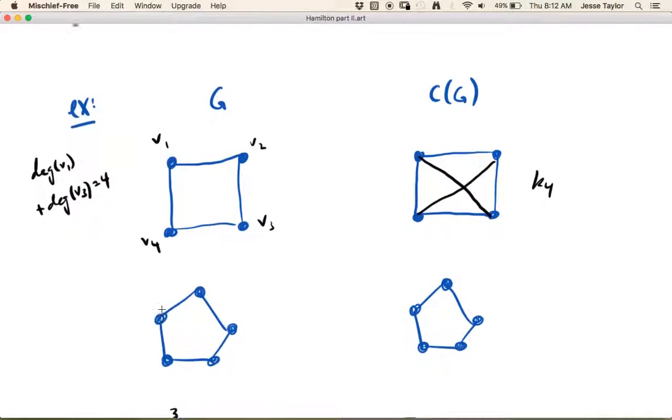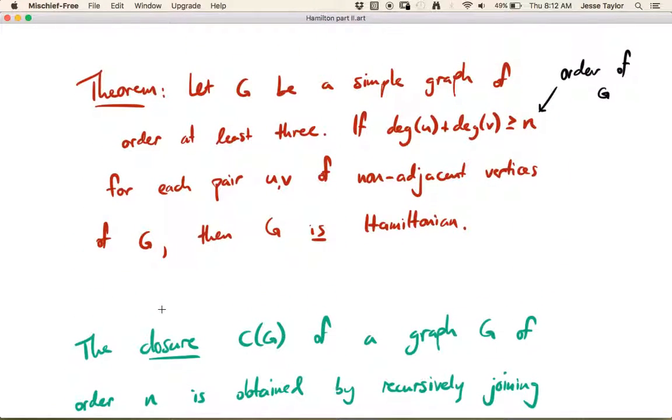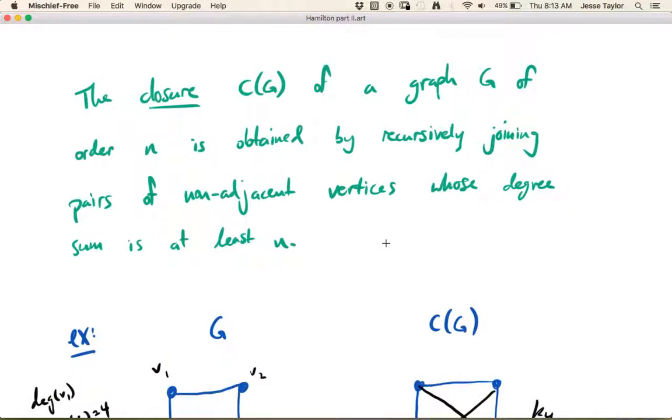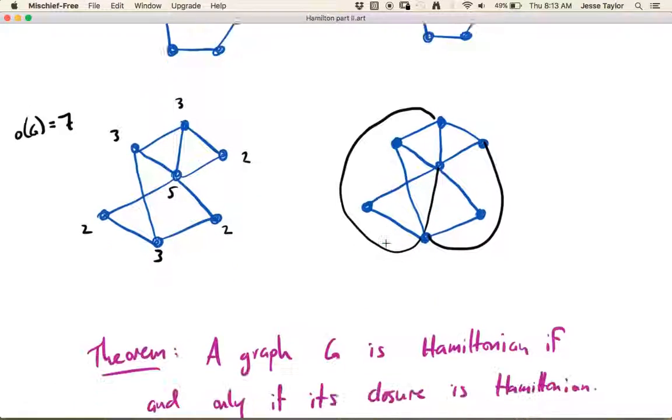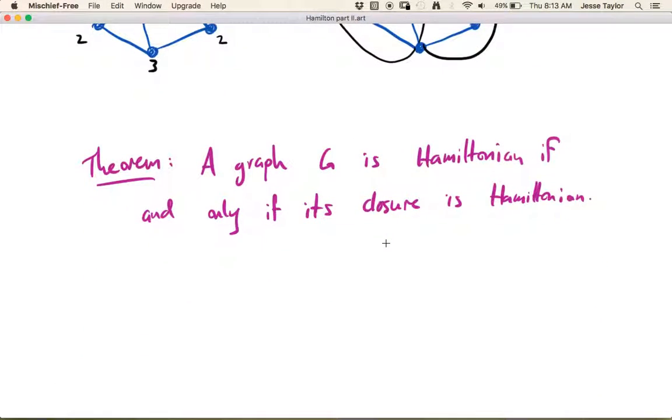So, going back up here to this result, we know that a simple graph of order at least 3, if the degree of 2 non-adjacent vertices is at least the order of the graph for every pair of non-adjacent vertices, then the graph is Hamiltonian. It turns out that a graph is Hamiltonian if and only if its closure is Hamiltonian.